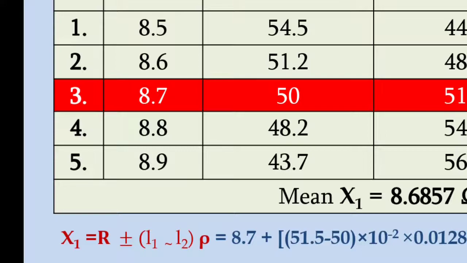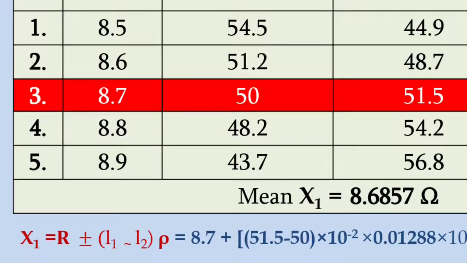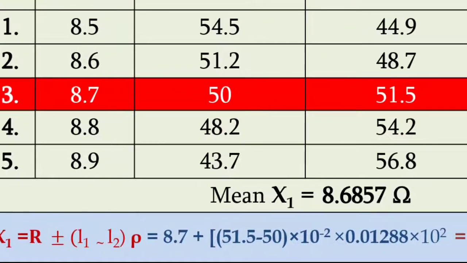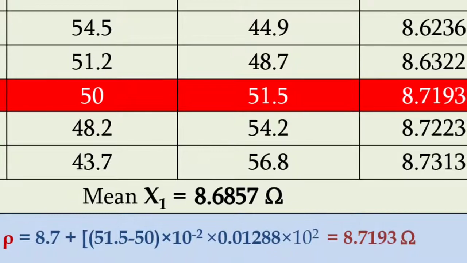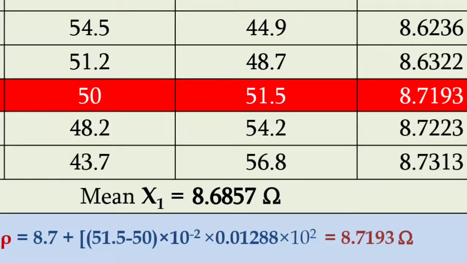So 8.7 plus L1 difference L2, 51.5 minus 50, so 10 power minus 2. The rho is 0.01288 into 10 power 2. Here this 10 power minus 2 and 10 power plus 2 will cancel each other, and you will get 1.5 into 0.01288.